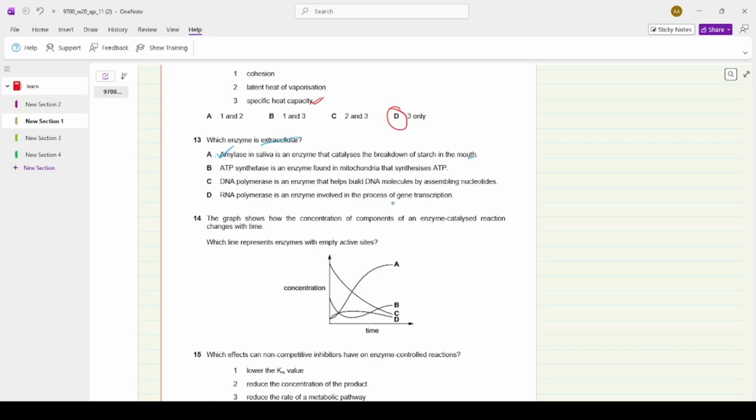This is true, but it's also happening within the cell. Then D, RNA polymerase, an enzyme involved in the process of gene transcription to form messenger RNA. It is true, but again, it is happening within the cell. So all these three are intracellular, apart from the amylase, which acts within the mouth.